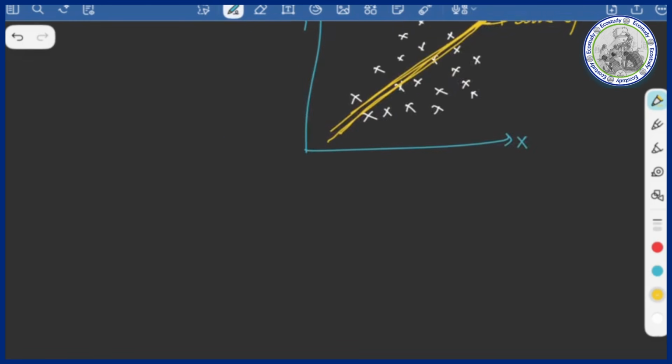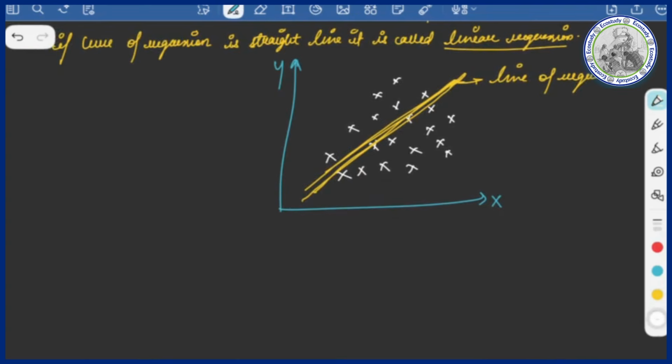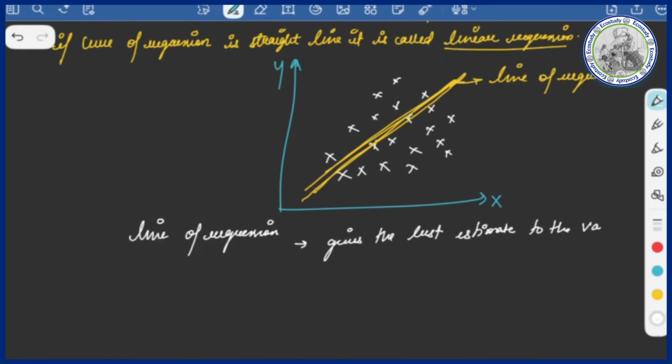Okay, so let me write this. What does this line give? So the line of regression क्या देगा हमें? The line of regression will give the best estimate to the value of one variable for any value of the other variable.